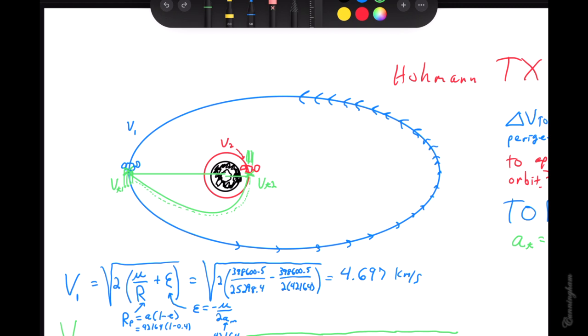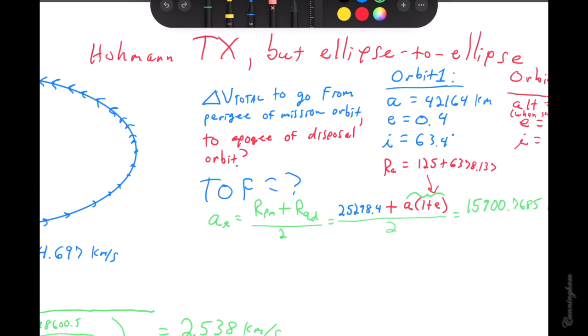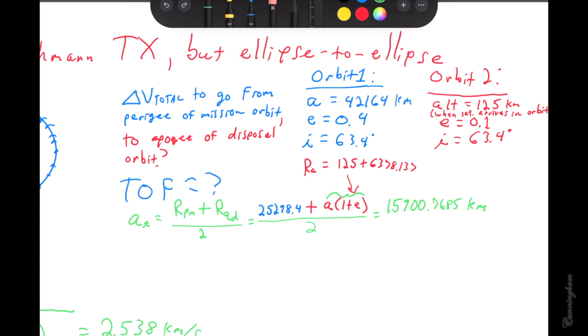We're a lot closer to the Earth now, so we're actually going to use r sub a, as we found out up here. R sub a of the mission orbit, a times (1 plus e), which the problem gave us. When the satellite arrives in that final orbit, it'll be 125 kilometers above the Earth, so that means r sub apogee is 125 plus the radius of the Earth. Easy day on that.